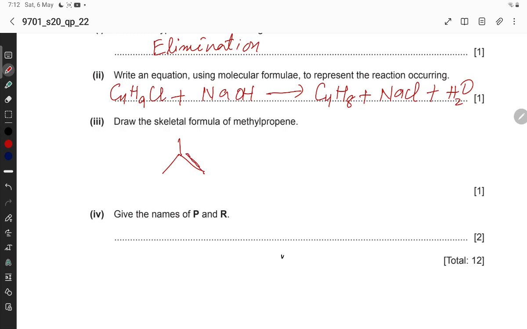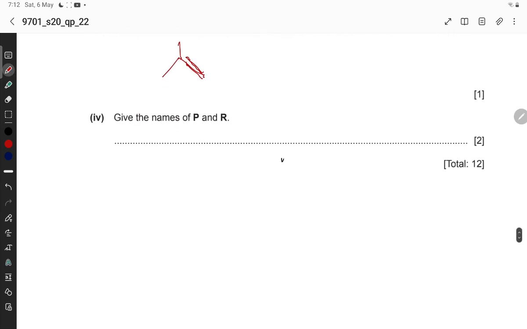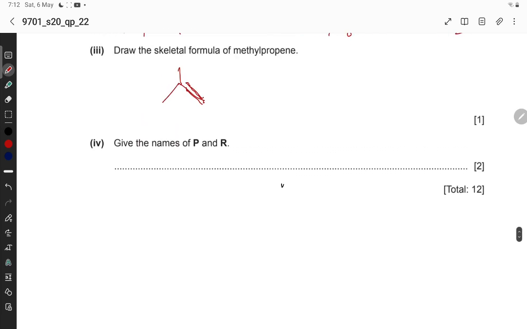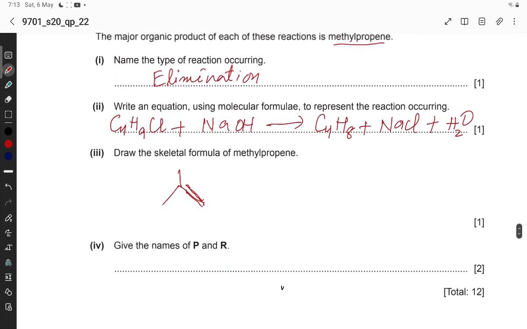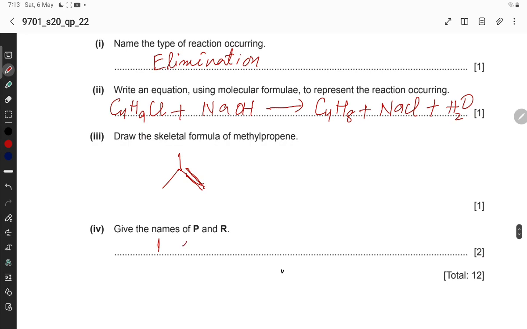This is methyl propene. Give the name of P and R. P and R are 1-chloro-2-methylpropane.